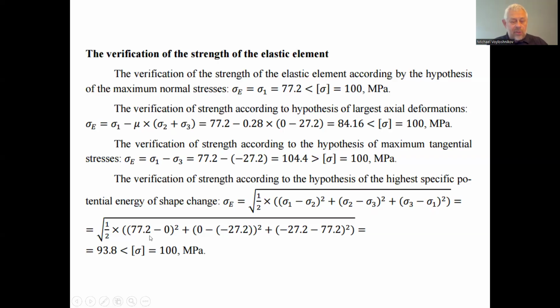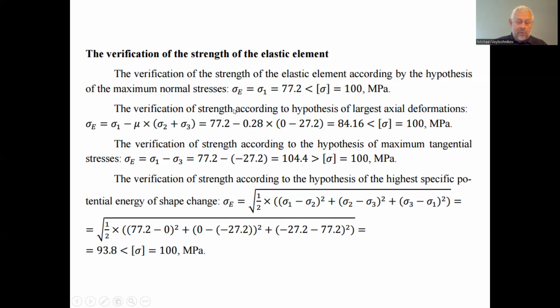Anyway, after the substitution, we got that sigma equals 93.8. This is less than the assigned maximal magnitude of 100 megapascal. So the check of the strength by the hypothesis of the highest specific potential energy of shape change is done.